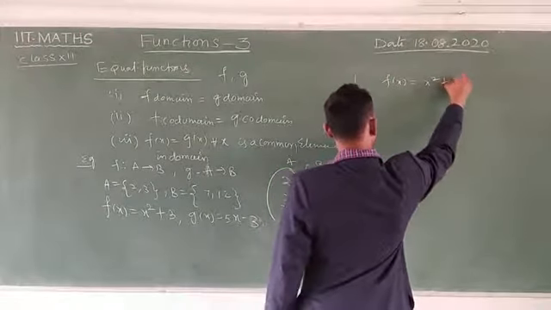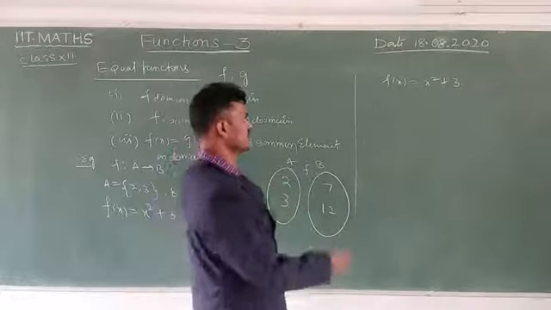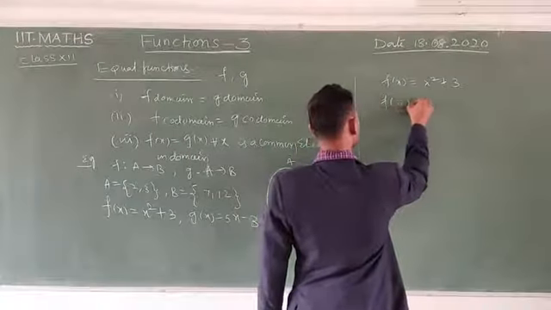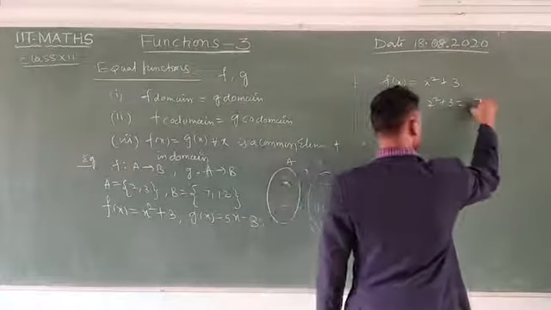Now what is f of x? x square plus 3. You can take any element in the domain. Take f of 2, which is 2 square plus 3: 2 square is 4, plus 3 is 7.